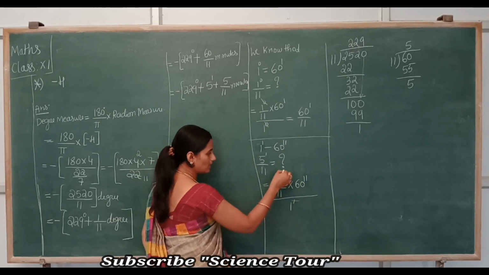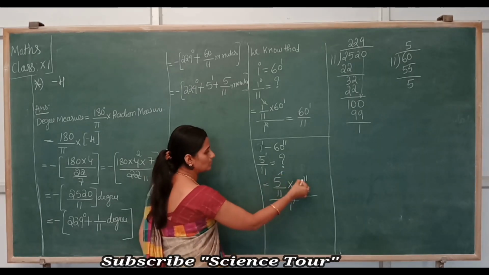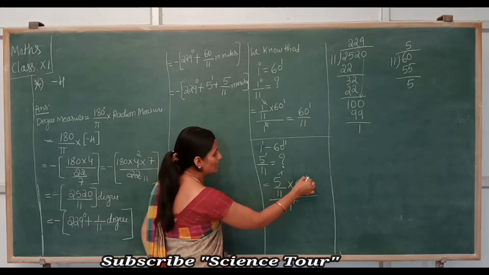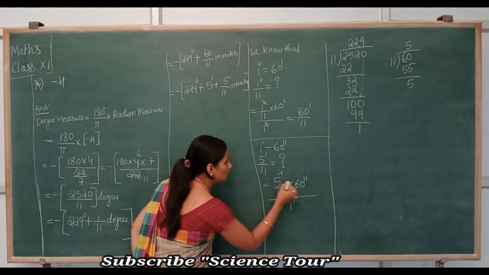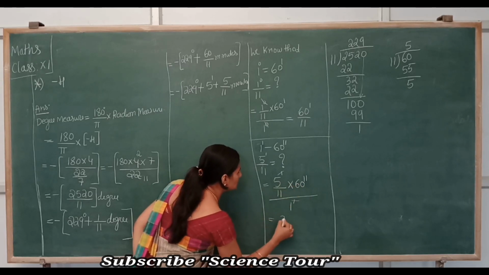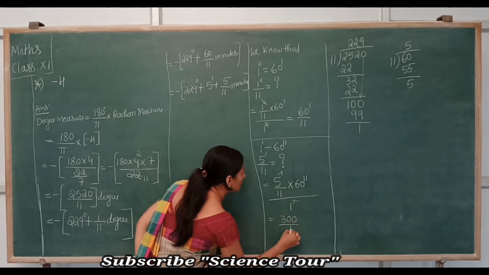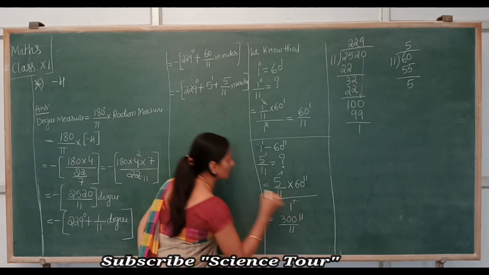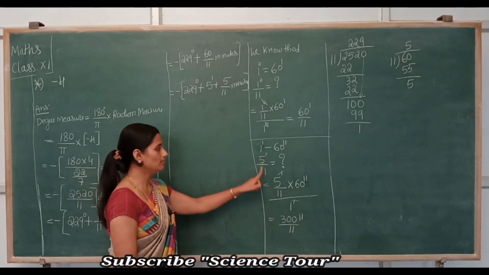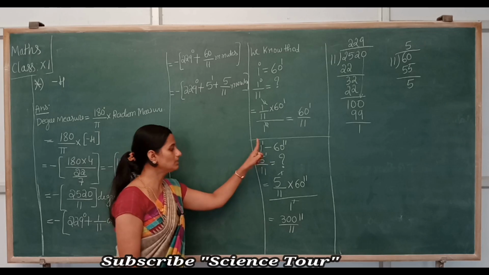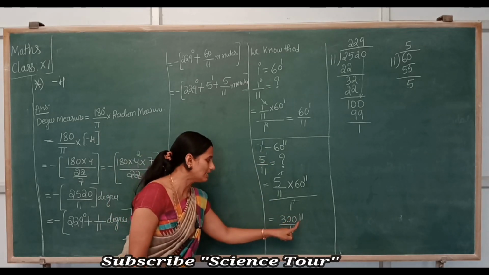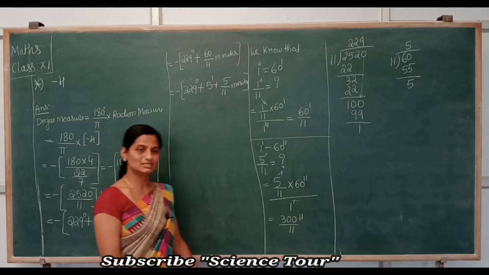So this minute and this minute units get cancelled. What is the left unit? It is second. So now 5 into 60 is 300 divided by 11 seconds. So now 5 divided by 11 minute is converted to 300 divided by 11 seconds.